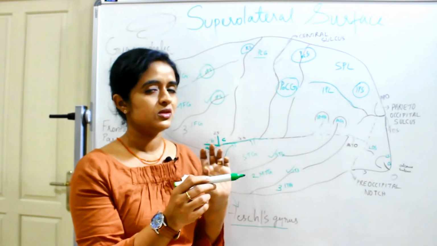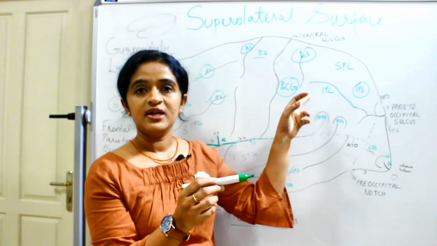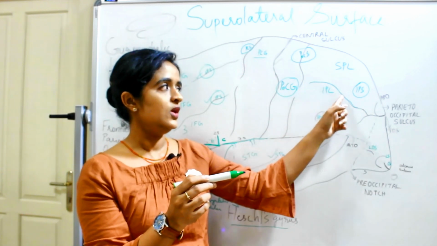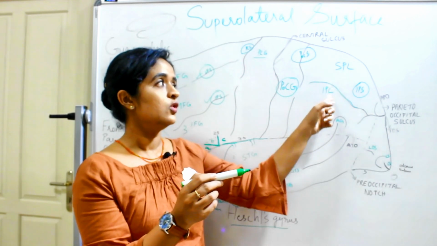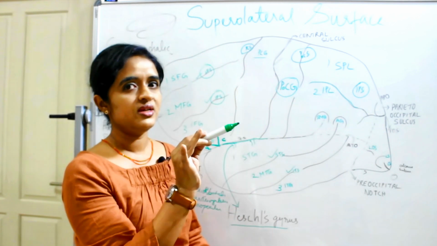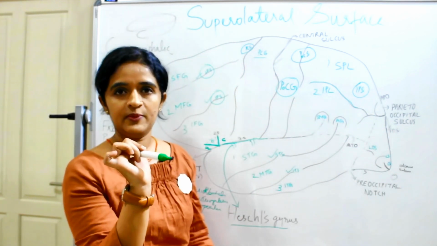It is not known as gyri, but named as superior and inferior parietal lobule. Since you get only one sulcus here, you are getting only two regions here, whereas in the frontal and temporal you got three regions. That also you have to keep in mind.